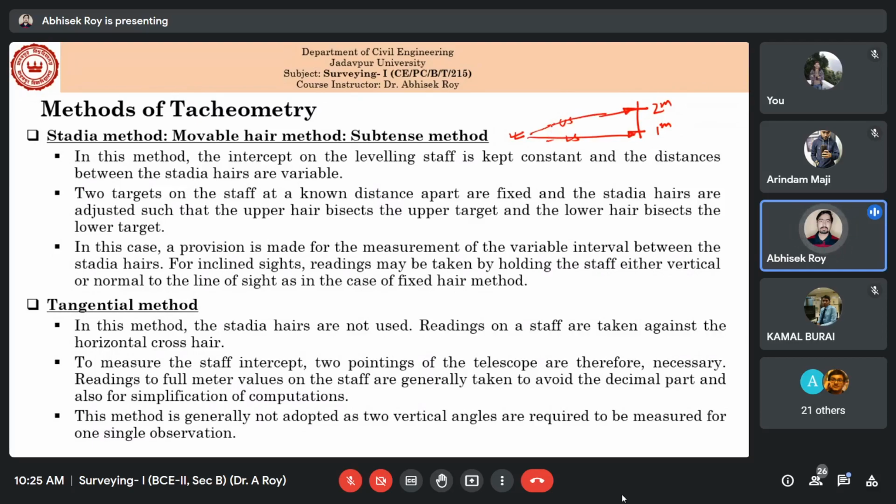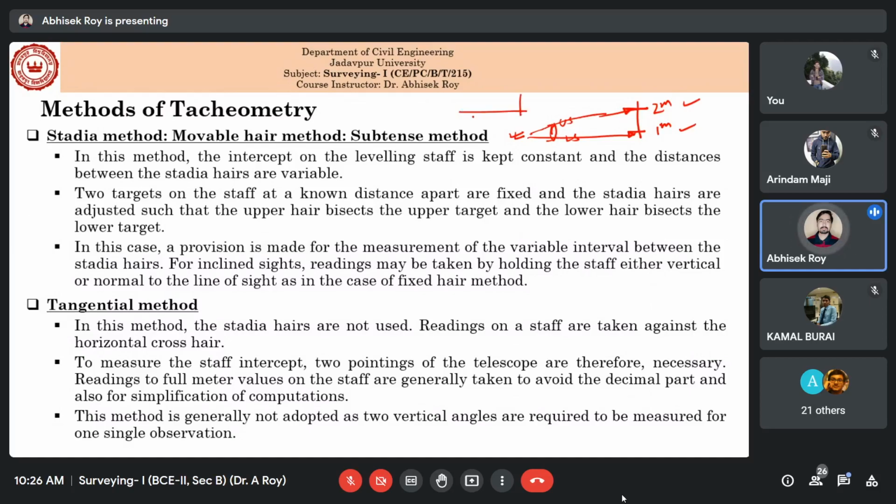It is also possible to measure this difference in the diaphragm, where the upper stadia and lower stadia are, not in the staff. In the staff, obviously, you are getting these measurements as your points are prefixed, so you will get the difference there, and here also you will get the difference.